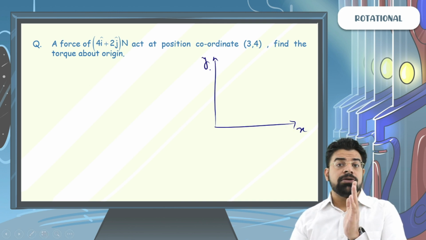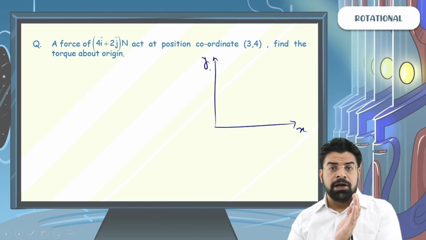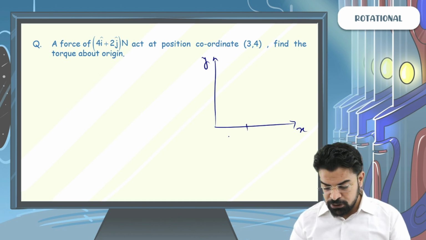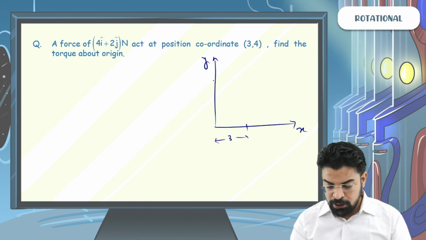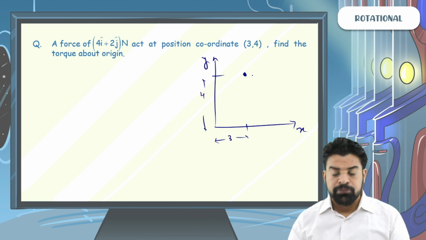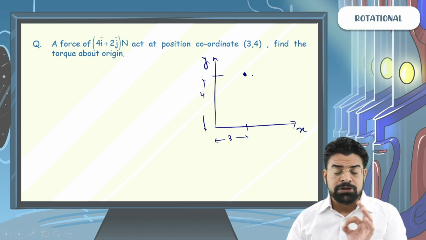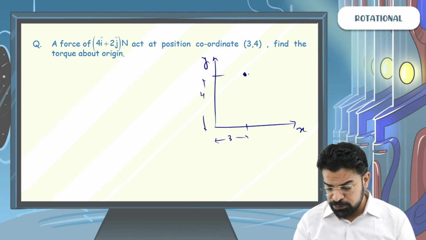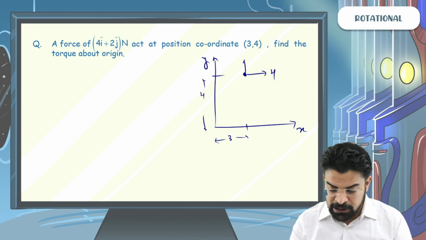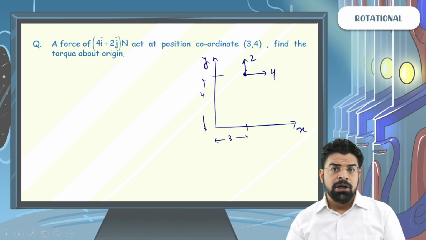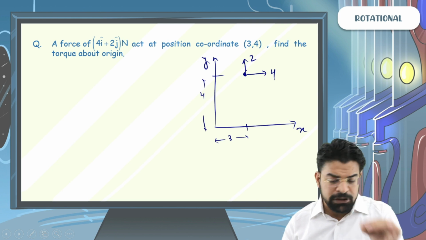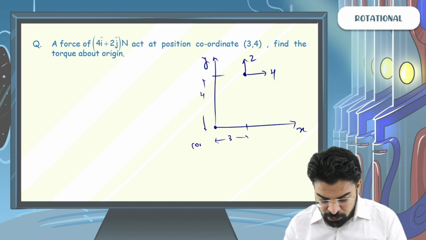At the position with x coordinate 3 and y coordinate 4, a force is acting. This force is 4 i cap plus 2 j cap, so 4 along the x-axis and 2 along the y-axis. And we need to write the torque of this force about the origin (0, 0).